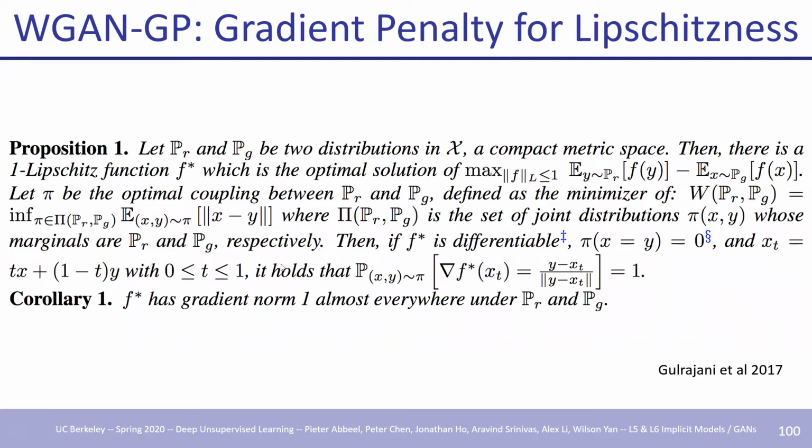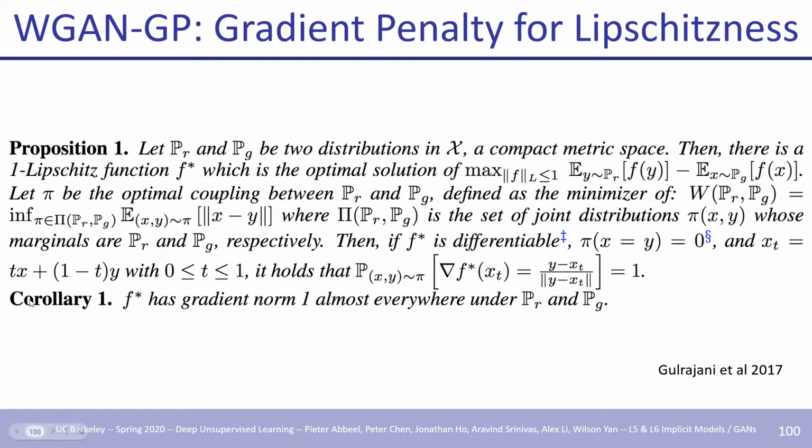And the theorem says if all of these happen, then, using the same notation, the gradient of the Lipschitz function f is y minus xt over the norm of y minus xt. This is the main theorem.